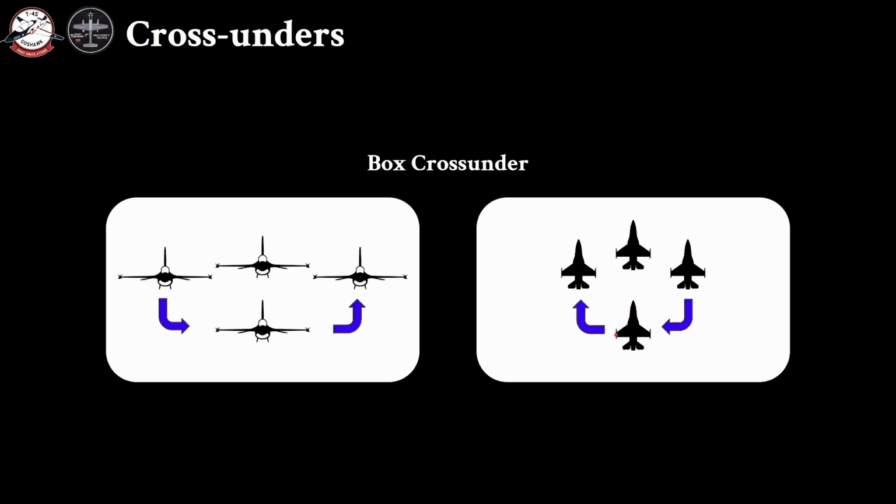The reason you don't want to come straight across is that there's an actual technique called the V cross under. But the problem is that the V cross under is probably one of the higher risk ones, because you're trying to change your aspect, altitude, and position all at the same time.